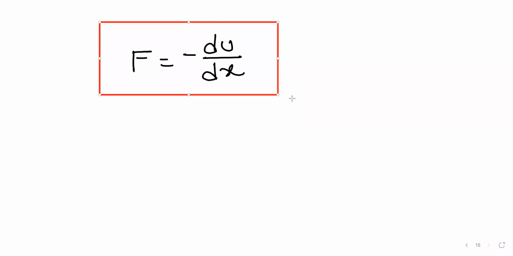Do you have any idea about differentiation? Everyone, please write in the chat box. If anyone doesn't have an idea, please write it in the chat box.